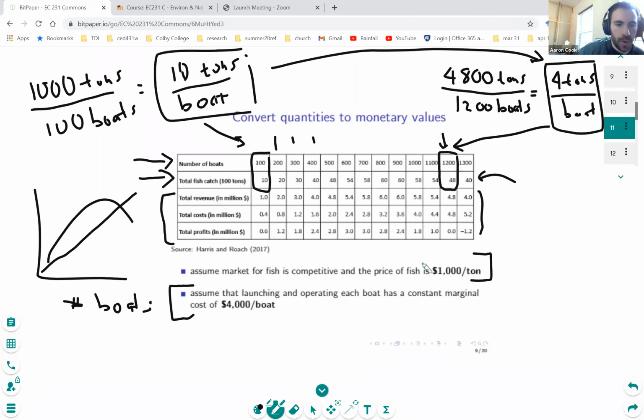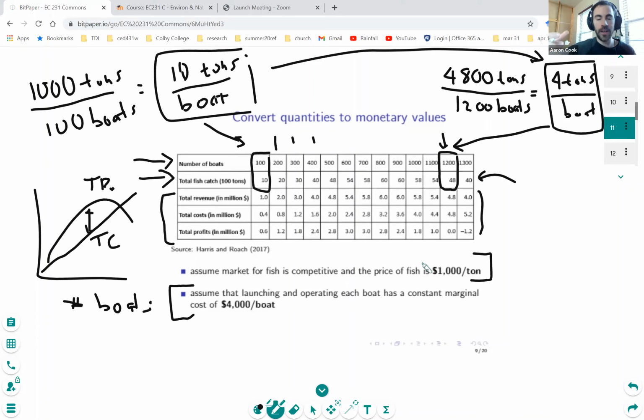Sorry, total revenues is the curved line. Total costs is the straight line. And so profits are going to be the difference. And so ideally you'd want to find the point at which you have the largest spread between total revenue and total cost.